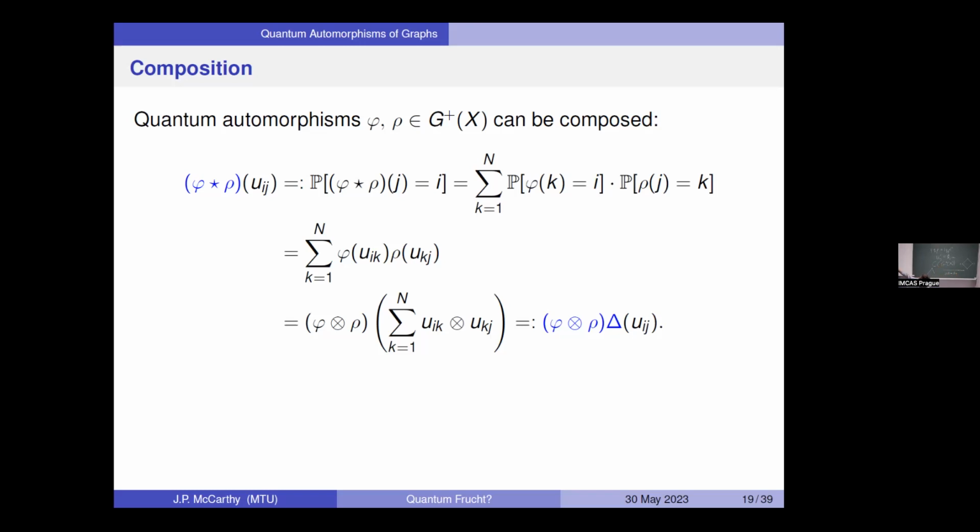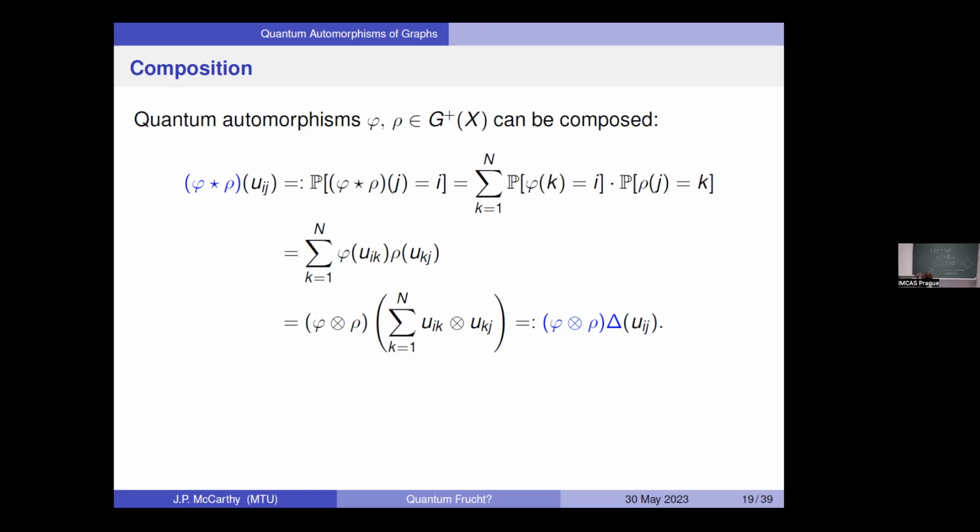So what we can say is, well, maybe rho sends j somewhere, say to k, and then varphi sends that k to i. So we write down something like this. And now we interpret this thing here as varphi applied to U_ik, and this thing as rho applied to U_kj. So we get this formula here. This is exactly the same as this thing here.